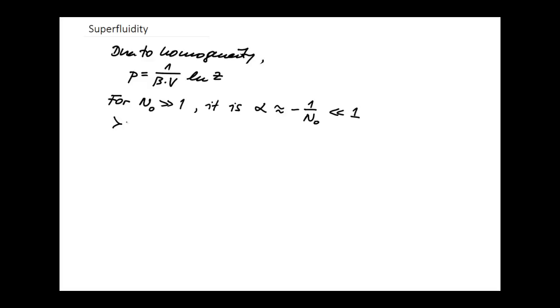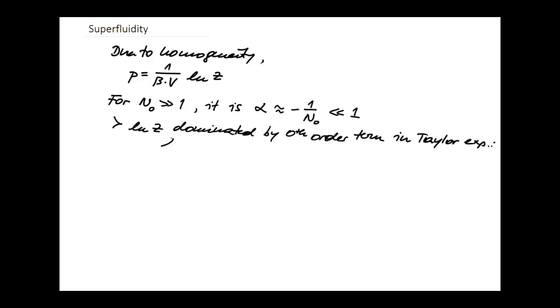This in turn implies that the log of the grand canonical partition function in our Taylor expansion is dominated by the 0th order term. Because the alpha is very small, the term proportional to alpha is a small correction, and the log of the grand canonical partition function is dominated by the 0th order term in the Taylor expansion.